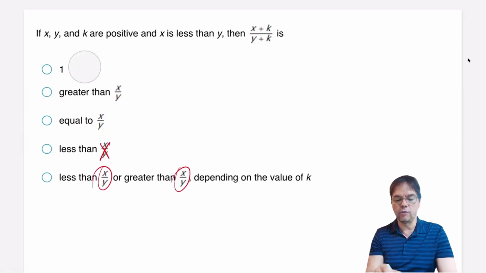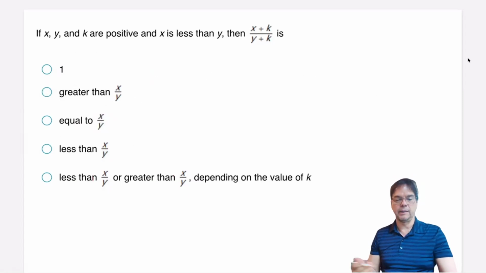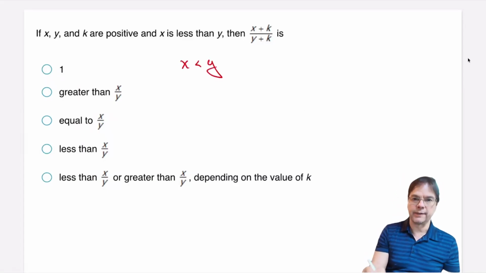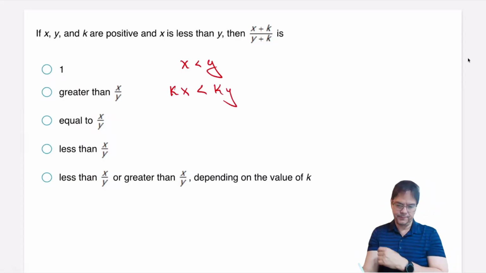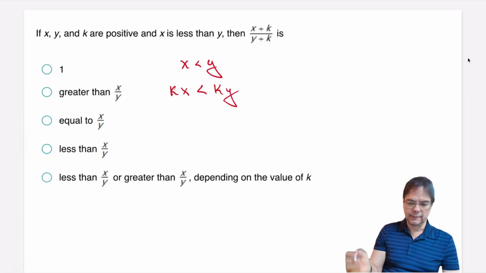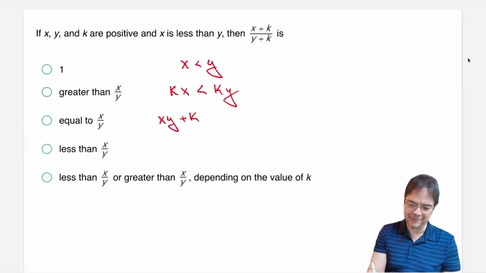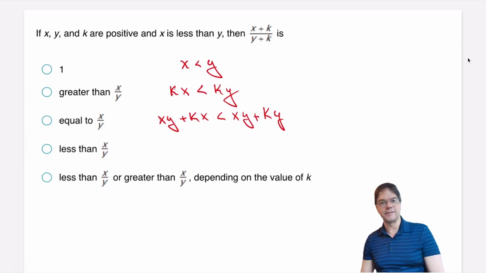So I'm going to solve now through algebra. Okay, that you have as a resource here. It's given that X is less than Y. What I'm going to do, look, I will multiply K on one side and K on the other side. Then I will add XY on one side, following what it tells me to do, and on the other side.